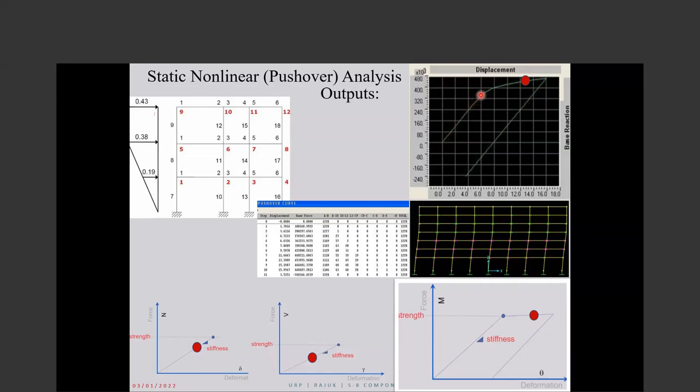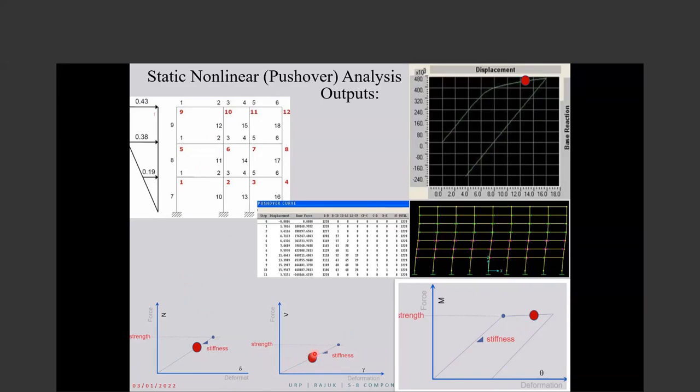Everything is elastic. All of these elements, their actions, when we look at this building, we see just force control and deformation control actions. As we push, their demand increases. They have one capacity for the many different demands based on the level of applied loads.